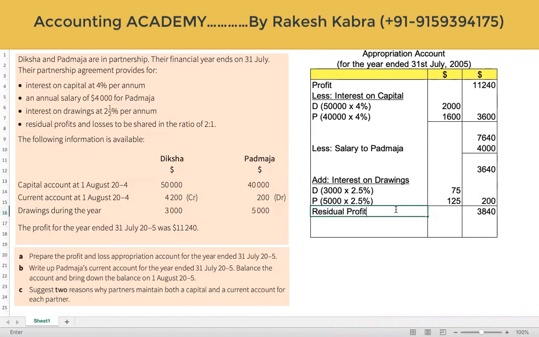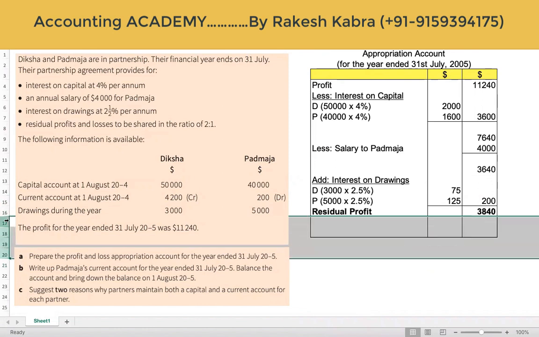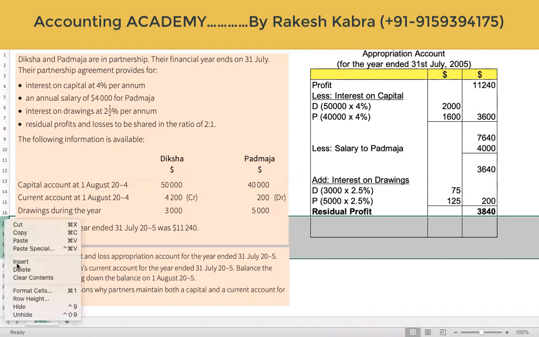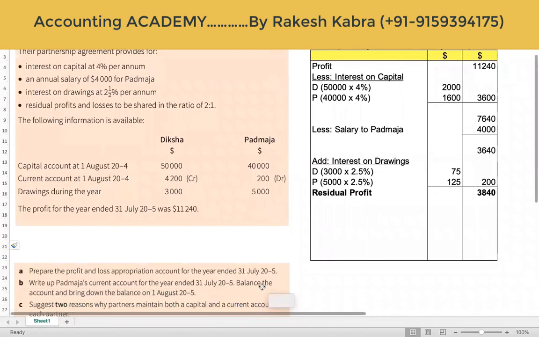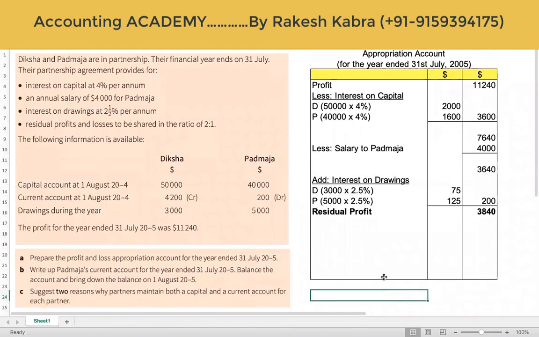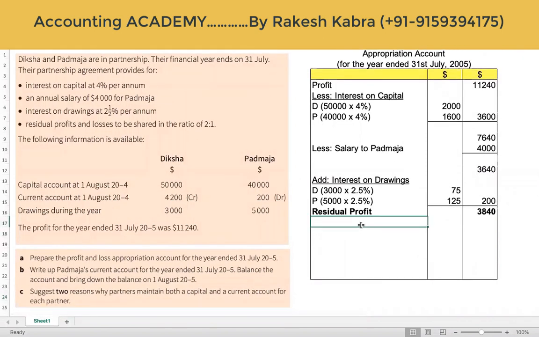Now this residual profit will go to the partners only, in the given ratio. What is the ratio given in the question? It's 2:1, so we need to follow that ratio and distribute in the 2:1 ratio.